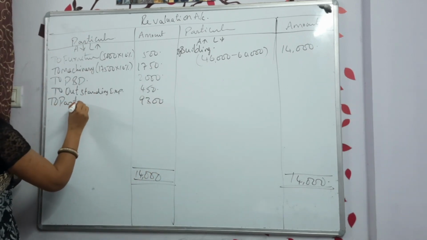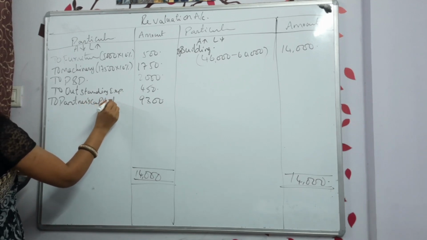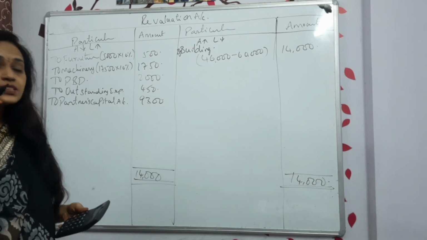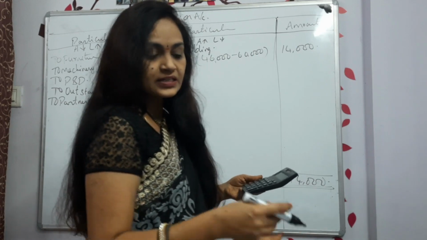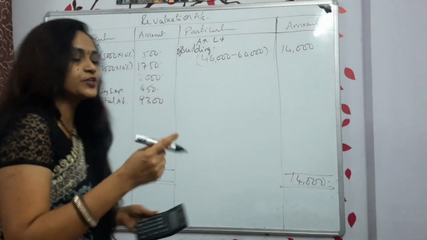Partners capital account. This should be shared between the partners in the ratio of 3:2. Who are those two partners? Praveen and Kiran, in the ratio of 3:2.